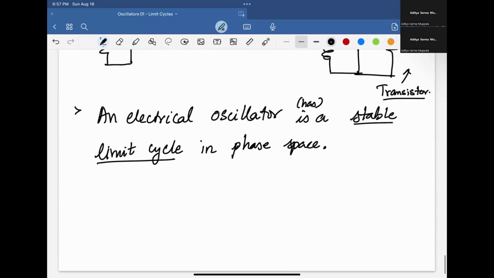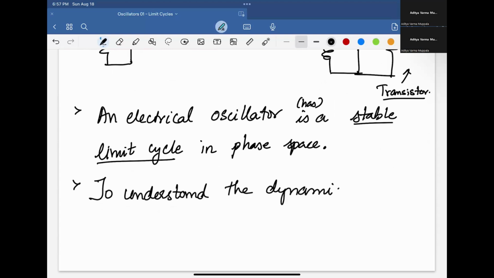And to really understand the dynamics, what do I mean by dynamics?